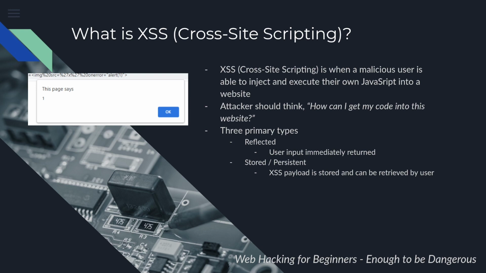That user, which is normally stored in a database, is now malicious and will run code. So every time somebody visits particular pages that load that username, for example, that payload is going to be executed over and over and over again. And then, of course, there's DOM-based. DOM-based is a little bit more tricky, but the data is supplied directly to the DOM, and then eventually it kind of trickles into the website.